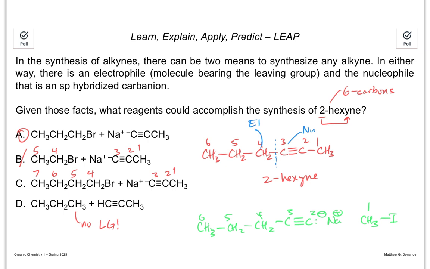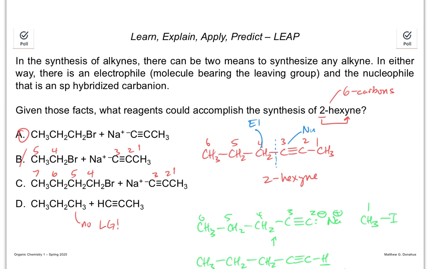We make those alkyne nucleophiles using acid-base chemistry that we learned in the prior module. So that's a terminal alkyne.